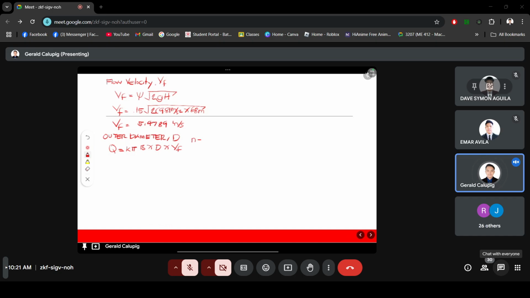N is equal to b over D. We can substitute that to the value of our b. So we can have b is equal to n times D. Okay, so let's substitute that to our equation.